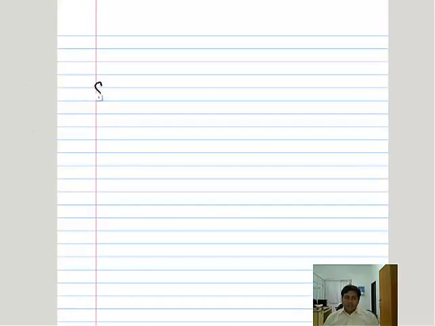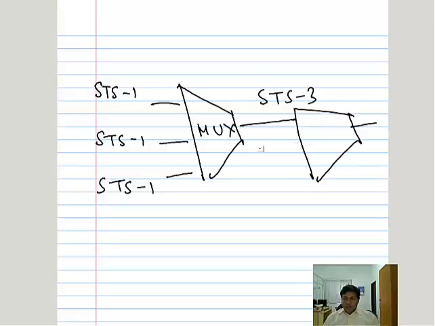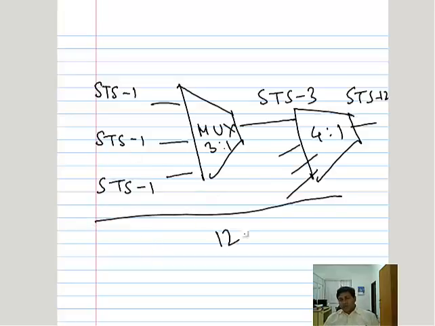For example, this is STS-1, STS-1, STS-1. Three such frames can be multiplexed together to create an STS-3. This is a 3:1 multiplexer. If we have four such STS-3 frames, they give me STS-12. So this is a 4:1 multiplexer. If you look at the architecture, this is totally 12:1.